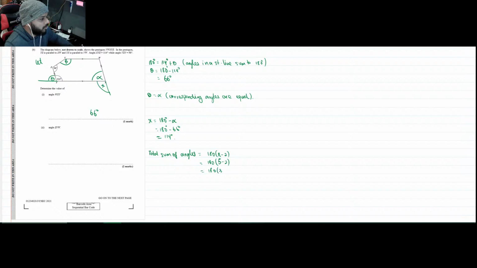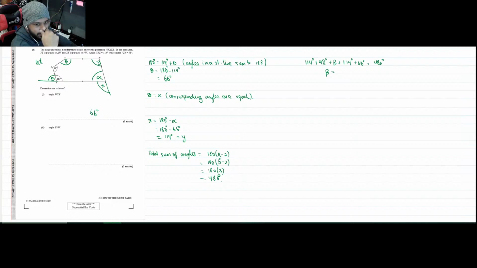So 180 into 3 is 480 degrees, the total of the angles in this shape. So I can say that 114 interior angles, plus 98, plus beta, plus this one here, which I'll call y, because why not, and this is also equal to y. Again, I'm not going to state corresponding angles are equal because we just stated that. Y was 114, plus alpha was 66, is supposed to be equal to 480 degrees.